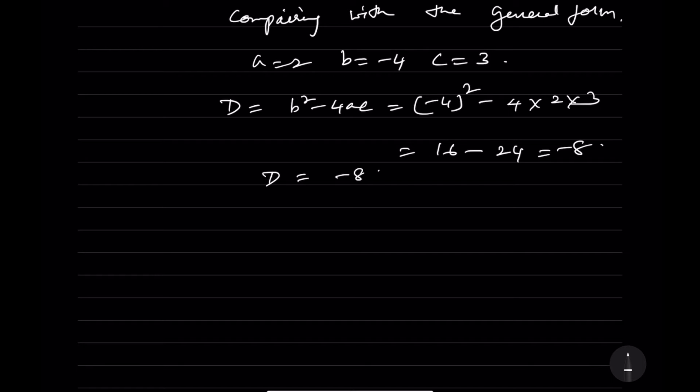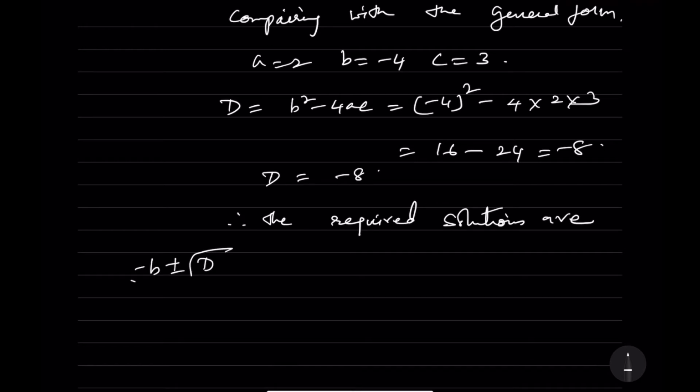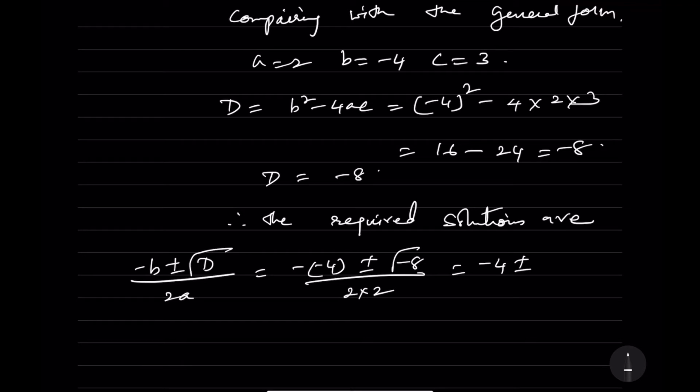So therefore the required solutions are x is equal to minus b plus or minus, from now on we'll be writing root of b square minus 4ac, that is root D, which is the discriminant, divided by 2a, which is equal to minus of minus 4 plus or minus root of minus 8 divided by 2 into 2, which is equal to 4 plus or minus root 8 into root of minus 1 divided by 4.